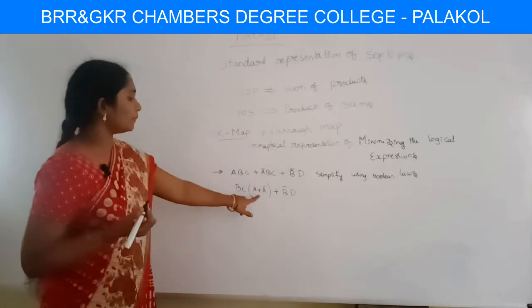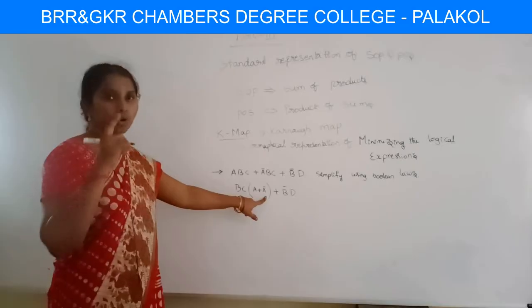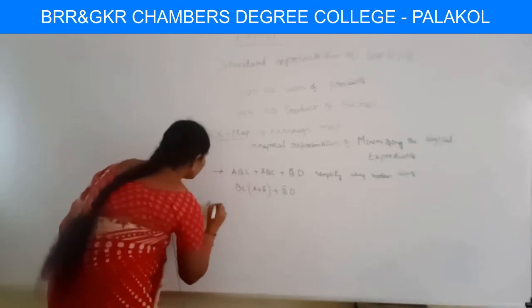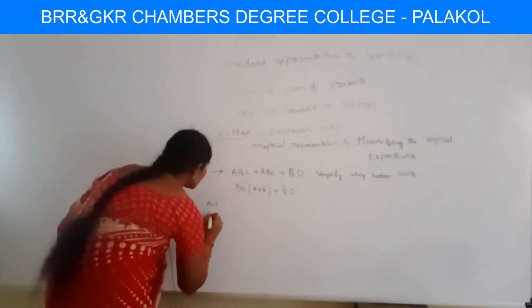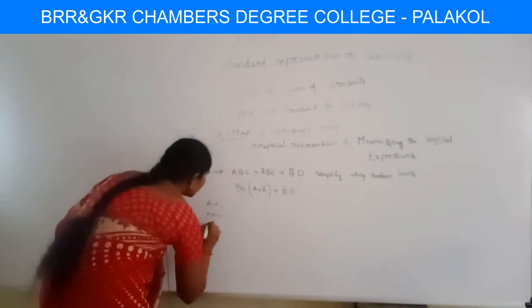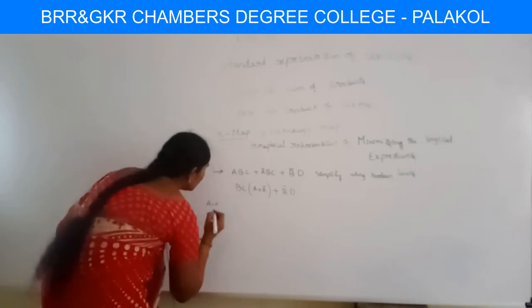So here A plus A bar is equal to 1. For example, if A is equal to 0, substituting gives 0 plus 1 is equal to 1. And if A is equal to 1, 1 plus 0 is equal to 1.